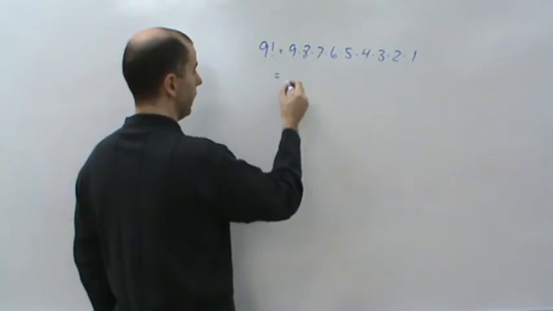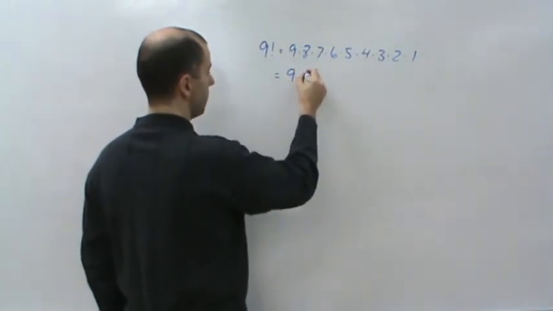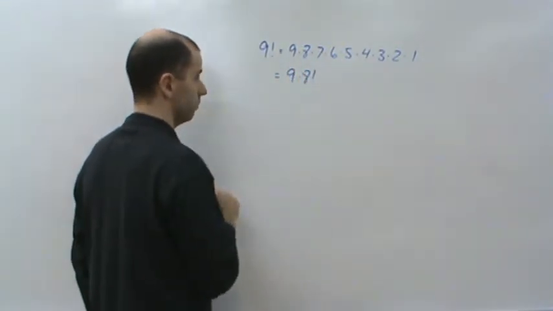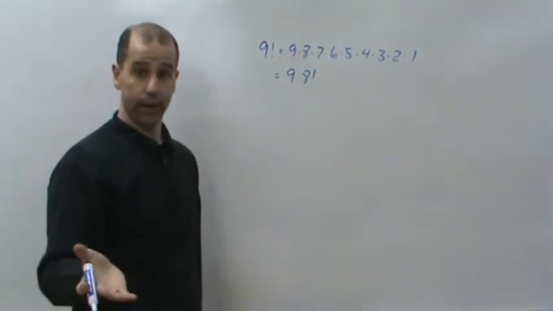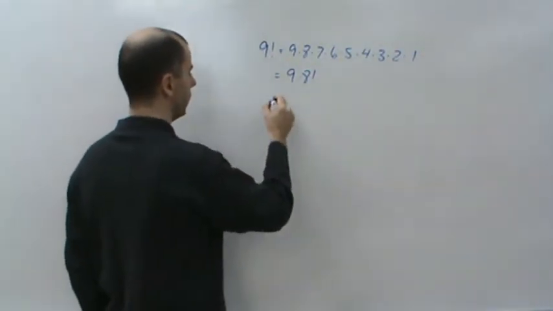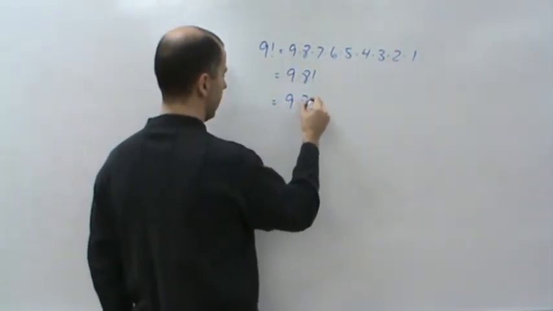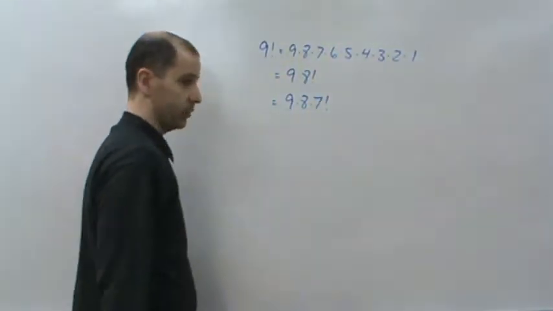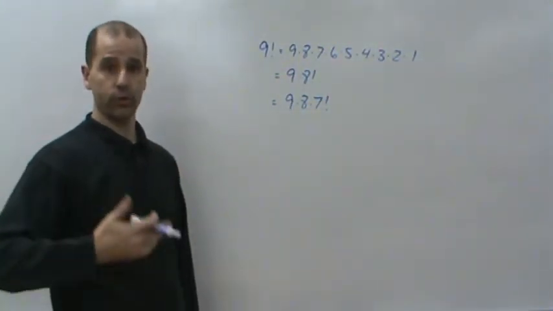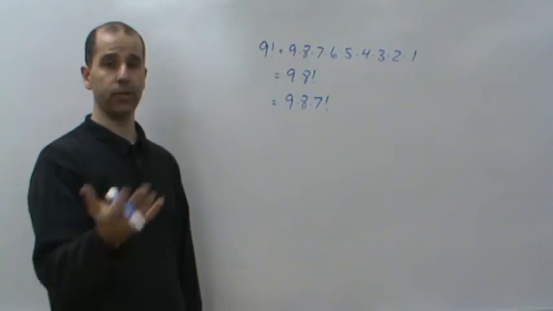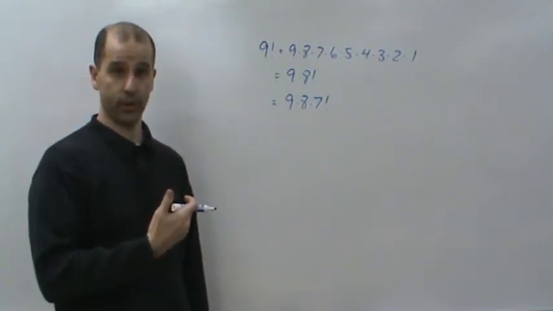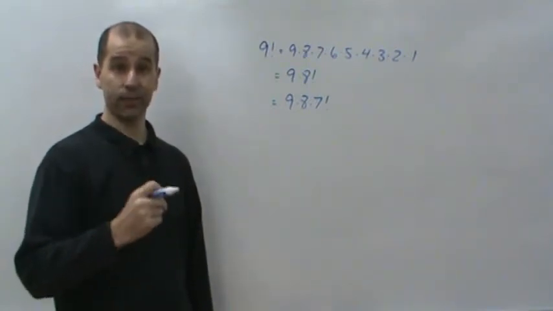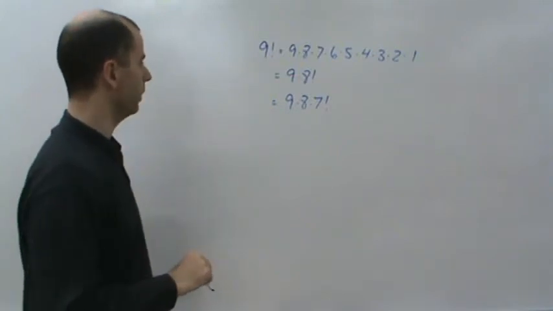Or I could write it as 9 times 8 factorial. Same thing, right? Or I could write it as 9 times 8 times 7 factorial, right? And I could keep doing this over and over again. That's going to become essential when we start using the formulas, as far as canceling factorials, okay?